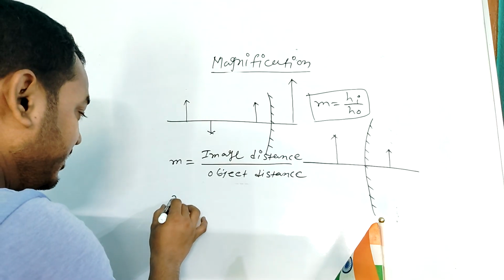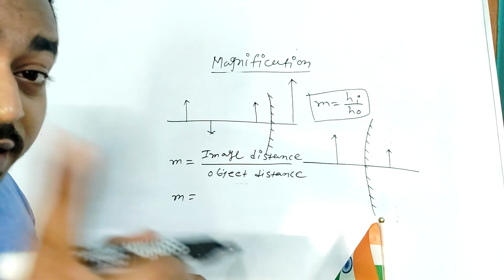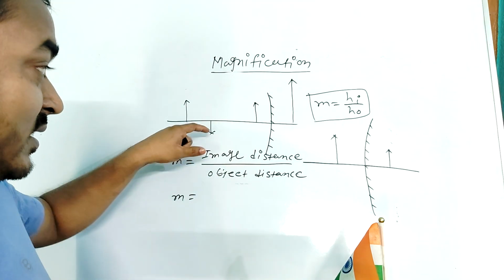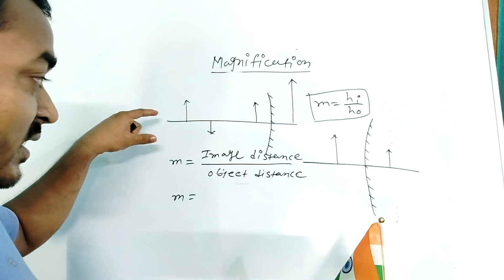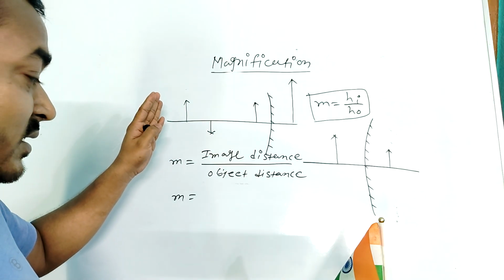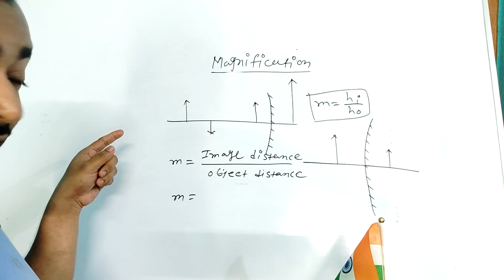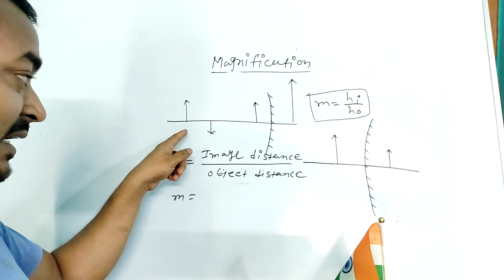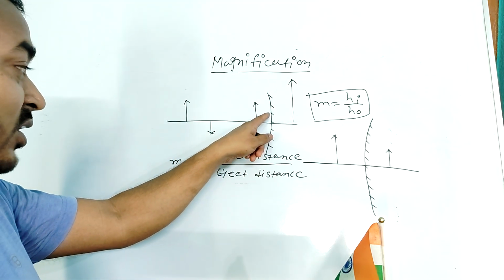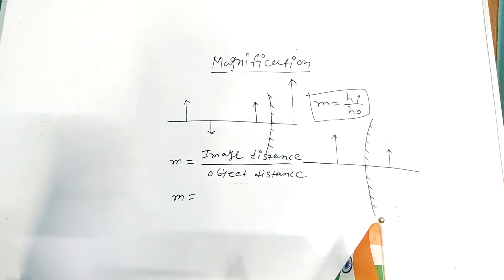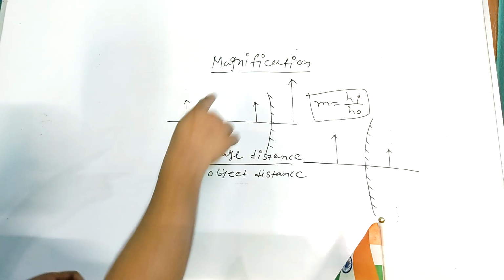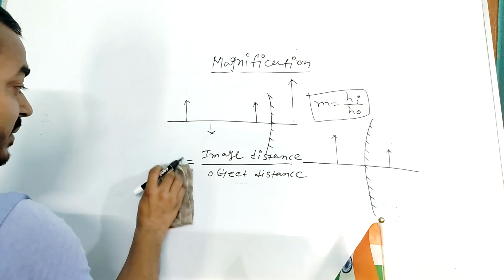So m, for a real image, what is it? For a real image, image distance is negative, and object distance is also negative. So the magnification formula, just see, let me write.